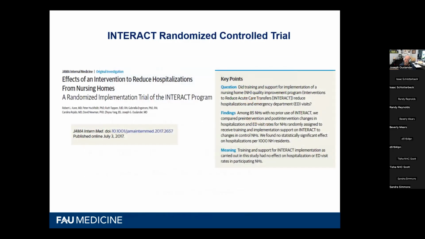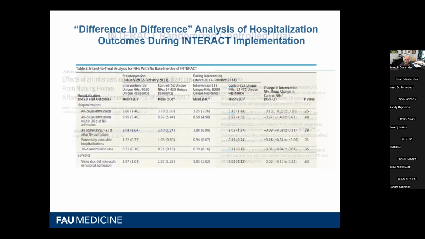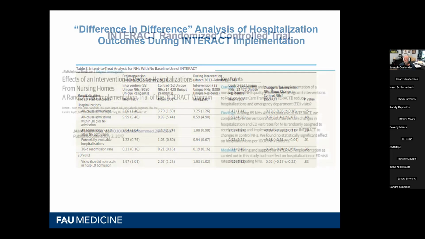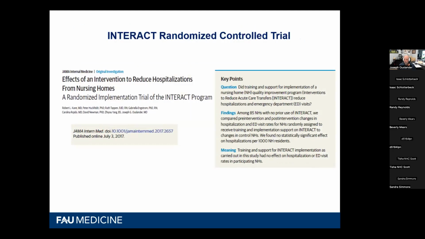Then we did a very large randomized trial of implementation of the INTERACT program. We used several strategies in this program, including distance learning training that was developed by Sandy, repeated webinars, feedback of data, and case discussions.